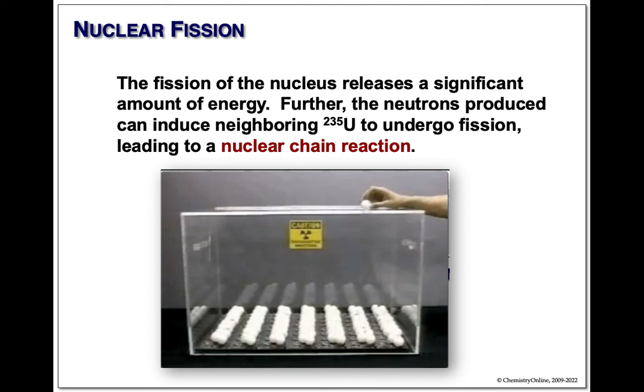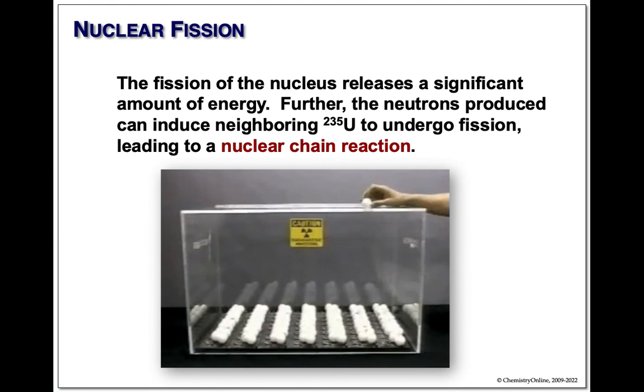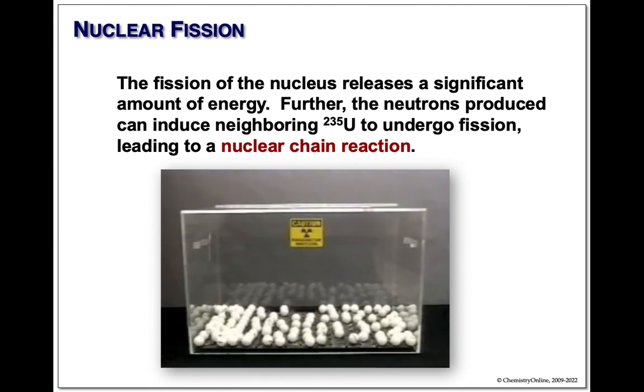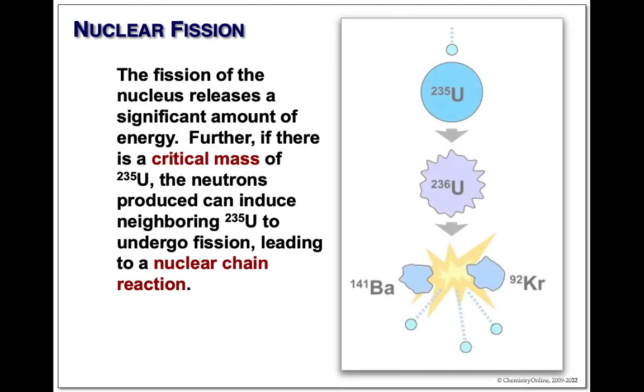You drop it in the hole. And whoosh! That's the chain reaction. Once again, the chemistry is simple. 235 to 236. We split, huge amounts of energy and more neutrons.